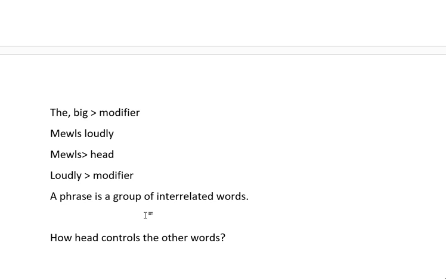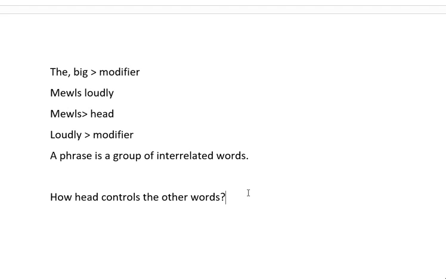How the head controls the other words is a question that might come into many minds. So if we said that there is one word, the head, and that head controls the other words, the modifiers. Clear? Let me give you two examples here, and then we will deal with these things.